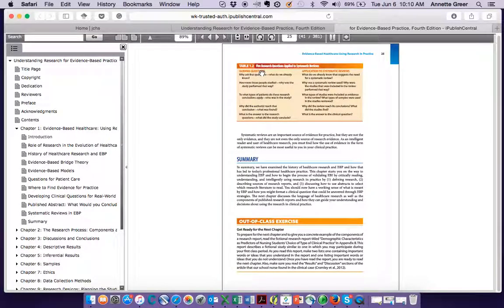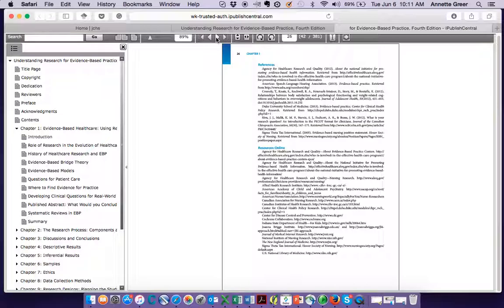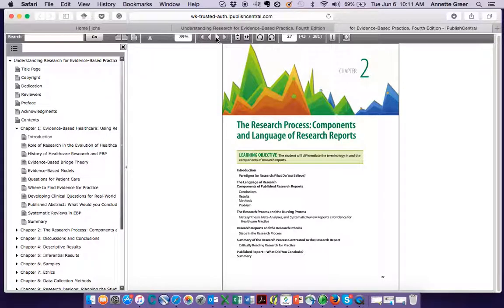The 5 research questions applied to the systematic review. Match those up. Okay. And then let's quickly go over number 2. And we'll skip to 10 and 11.